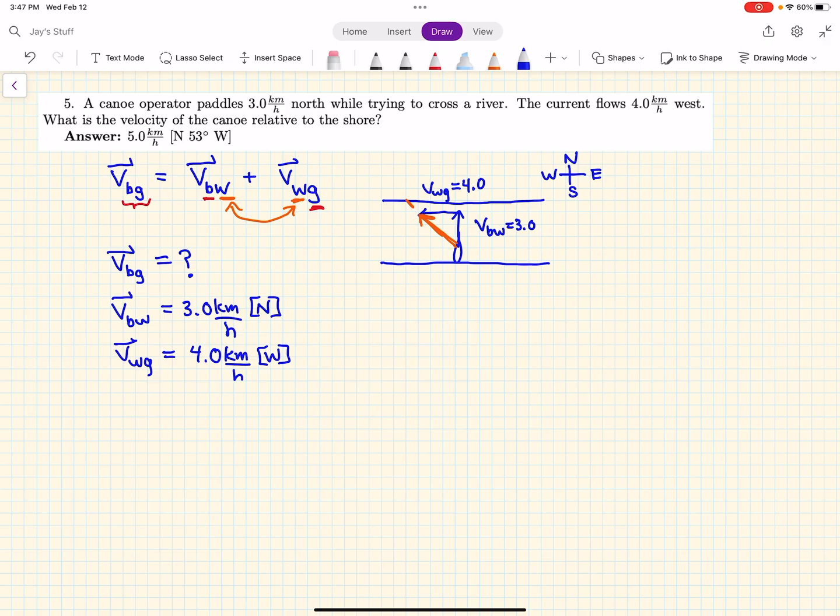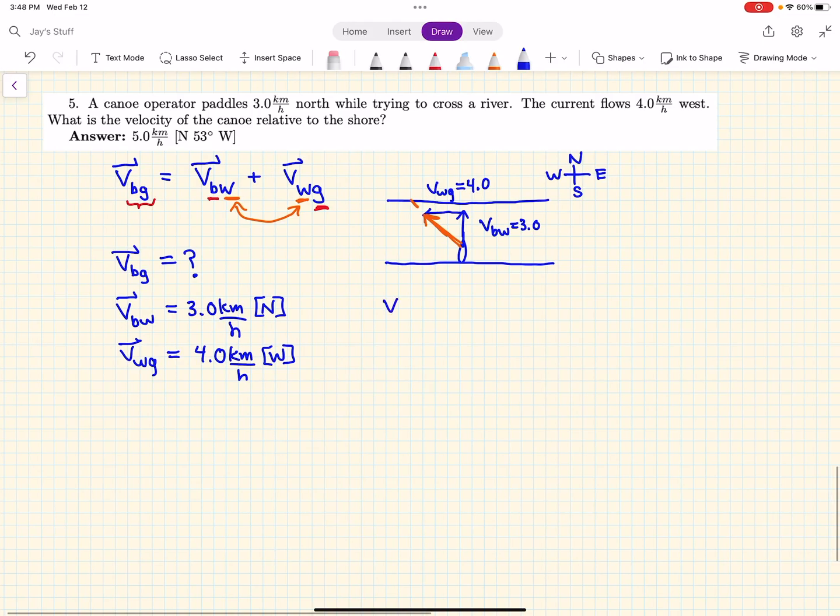But we can't just add 4 plus 3 equals 7 because they're not all pointing the same direction. So we have to add them as vectors using Pythagorean theorem in this triangle. So velocity, this here is velocity of boat to ground. So velocity boat to ground squared, because it's the hypotenuse, is equal to the velocity of boat to water squared plus the velocity of the water to ground squared.